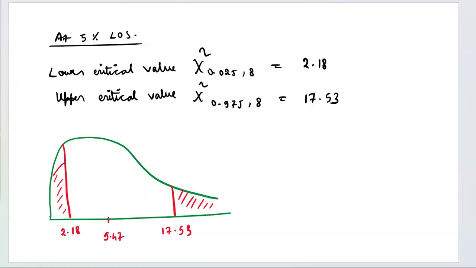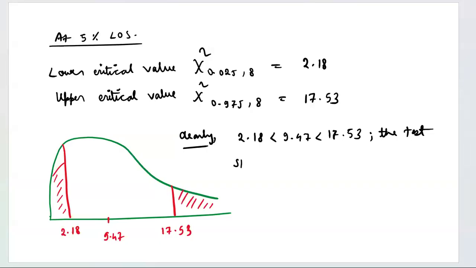So what we will write clearly, 2.18 is less than 9.47 is less than 17.53. The test statistic falls inside the acceptance region.